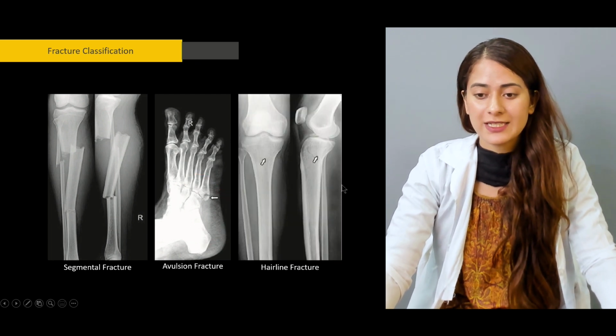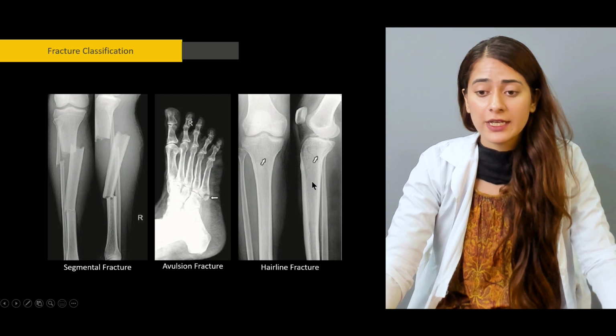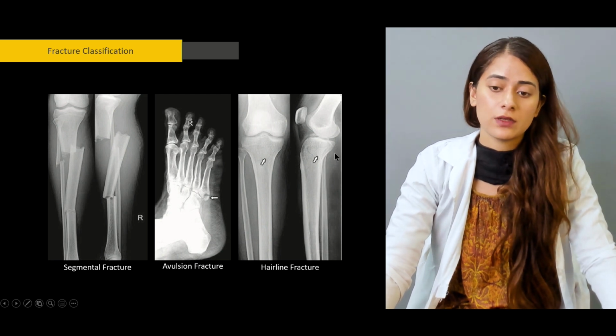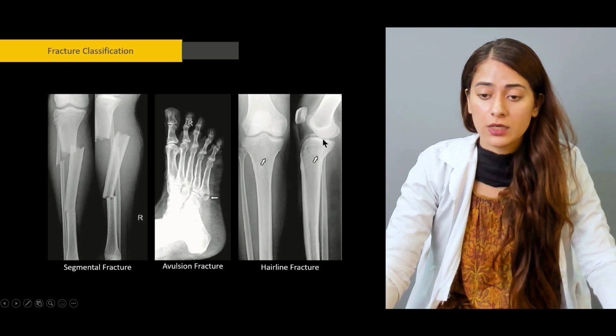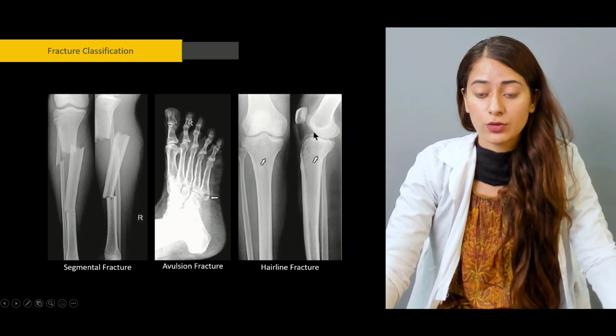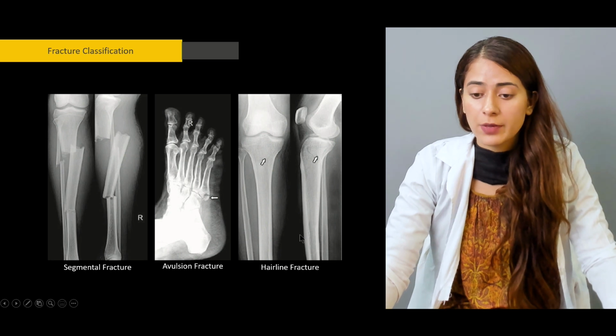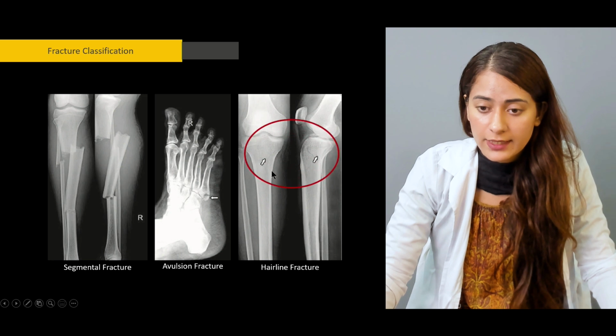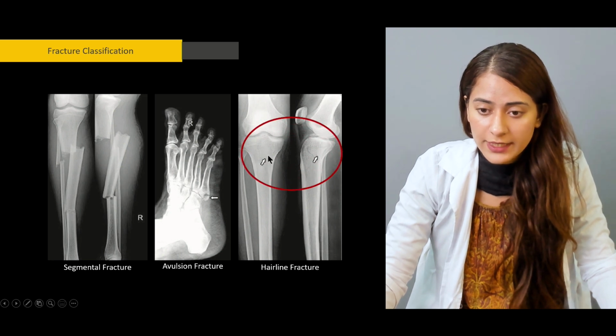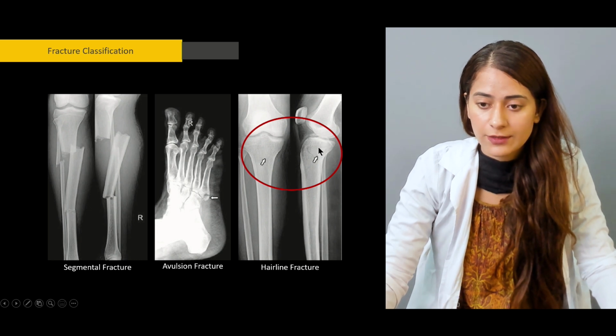Now this is the hairline fracture, which is very easily missed on radiographs, but on CT scan it still shows a very good visualization. But hairline fractures are usually missed. So the fracture here is this line, and here this line that is going. So this is the fracture.